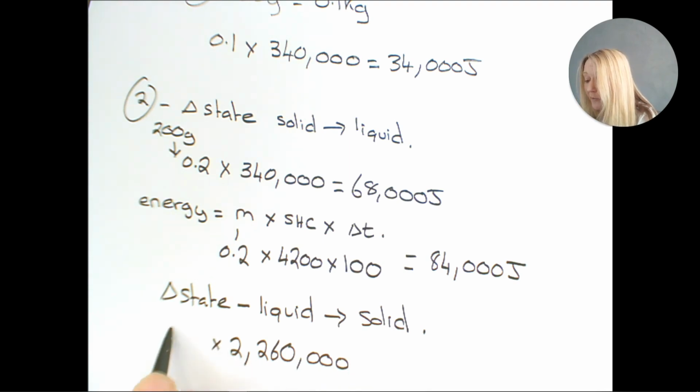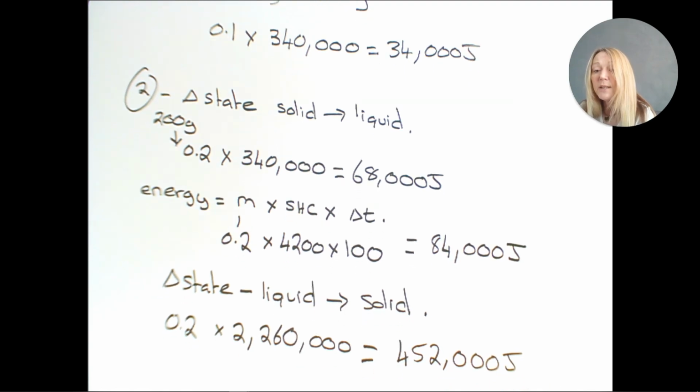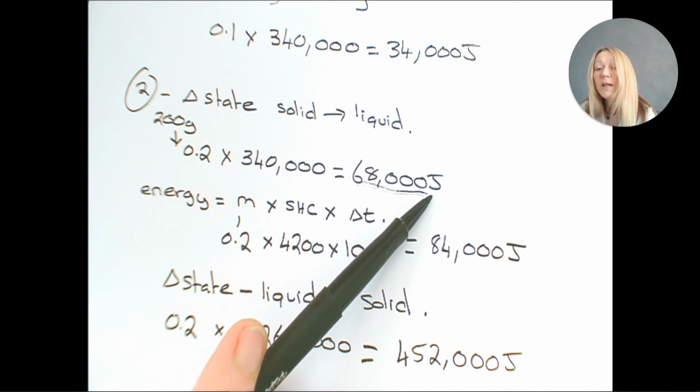We times that by the mass again of 0.2, and this gives us an energy of 452,000 joules.